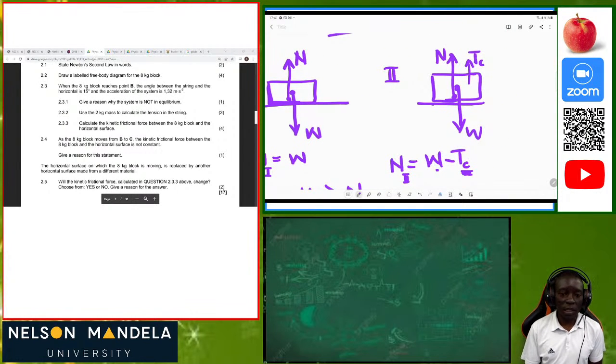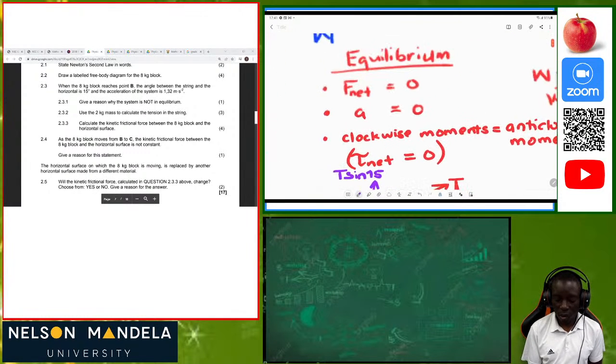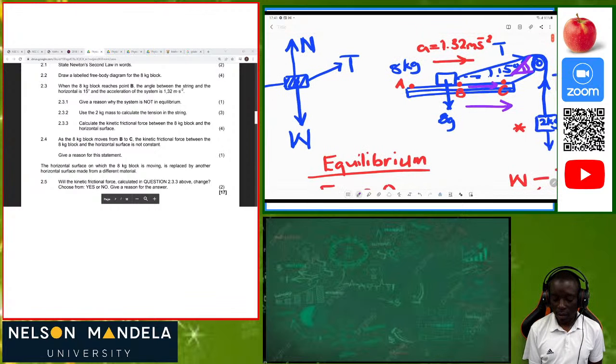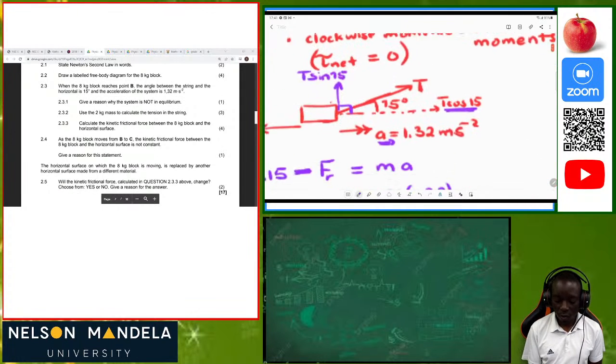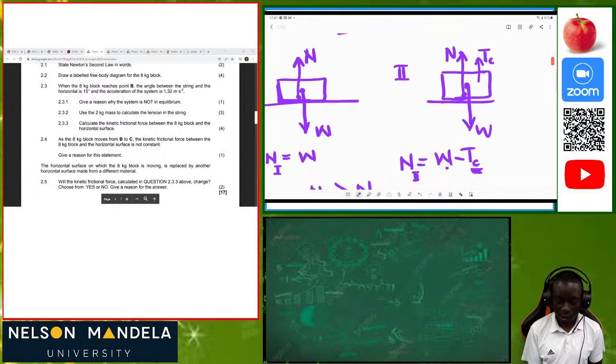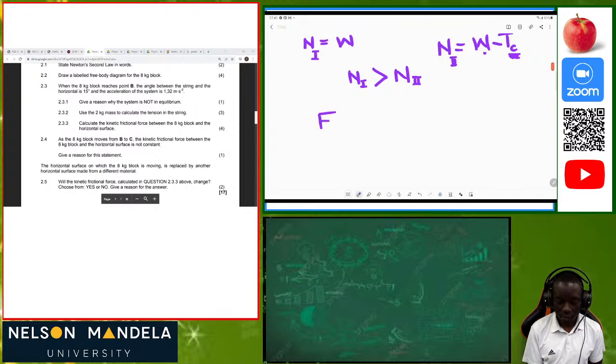So the moment the component increases because of the increase in the angle as we advance towards 90, that means N will also continuously decrease. When N continuously decreases, F also decreases, because the kinetic frictional force is given by mu k, the coefficient of kinetic friction, times the normal.